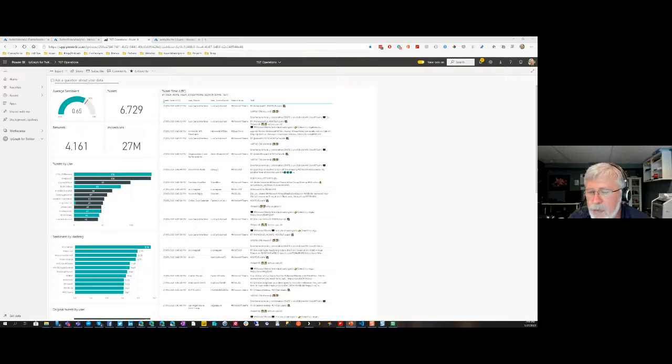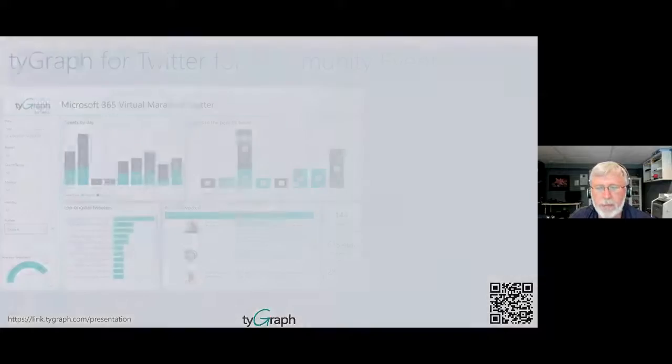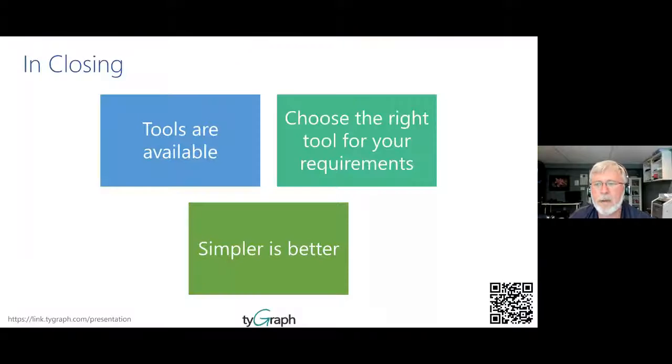Finally, back to the slides one more time. To wrap up, the thing you need to know is all of the tools are available for you to be able to do this stuff without having to write any code, although you can write code if you want to. The important thing to note is you should choose the right tool for your requirements.